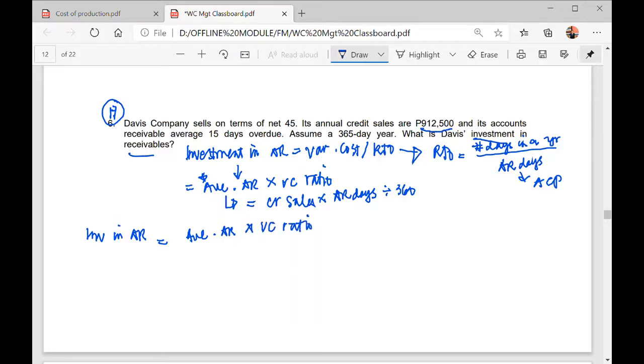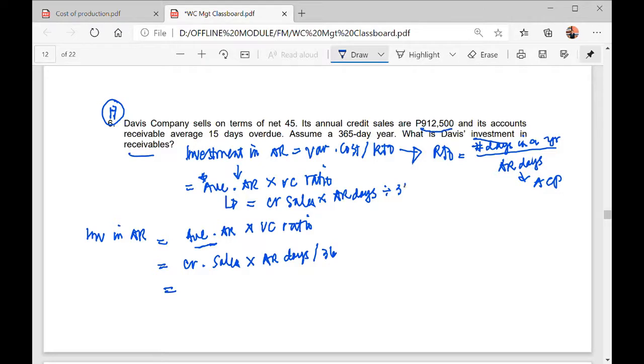It depends on whether the variable cost ratio is given. If it is not given, then we use the other answer. So, how to get the average AR? That's equivalent to credit sales times the AR days. Again, your AR days is your ACP, divided by 360. Sorry, it should be 365.